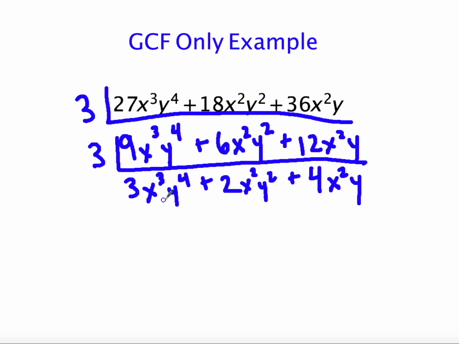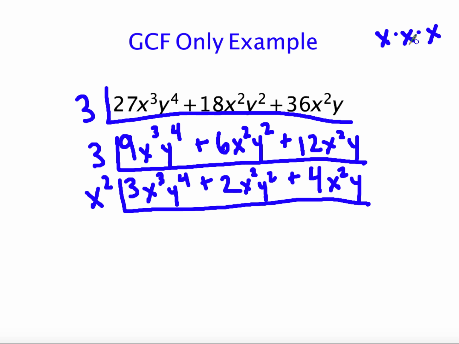Moving on to the x factors that these terms share. We know that they share the factor of x because they all have an x factor in them, but they also share actually a factor of x squared because x to the third and x squared are all divisible by x squared. If we divide x to the third, which is x times x times x, by x squared, we end up with just x.